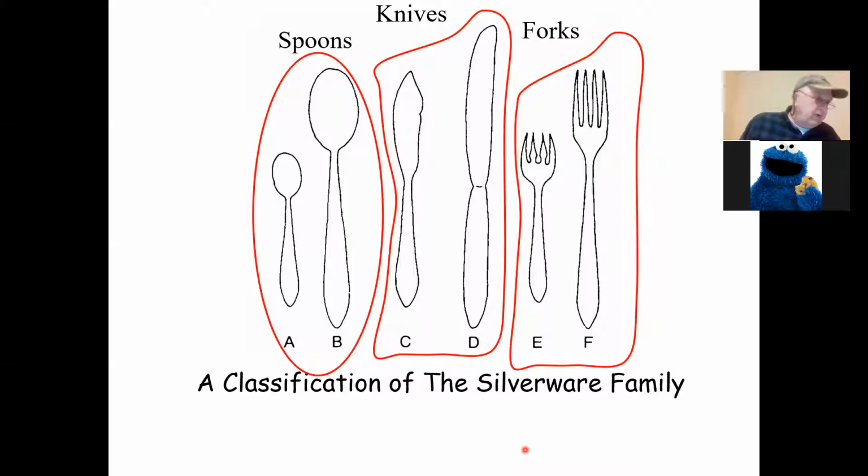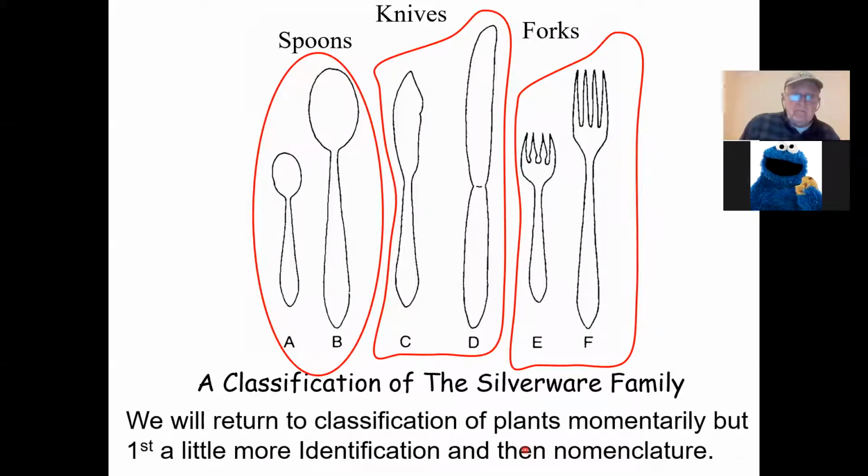Now, this kind of goes back to that we were turning classification a little more on identification, then we'll get into nomenclature. The bulk of our time will be spent on classification, but we will talk about nomenclature and identification as we go through.